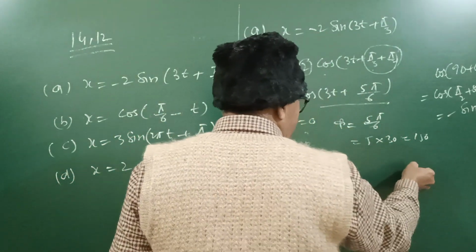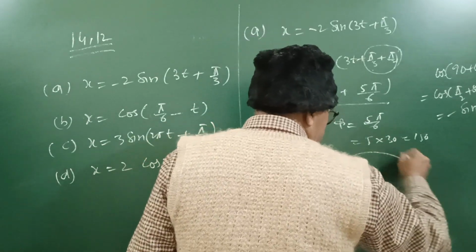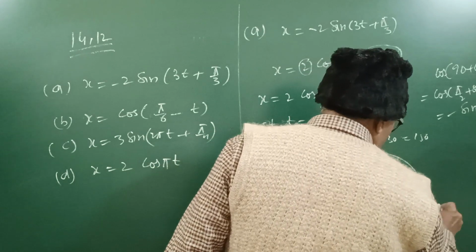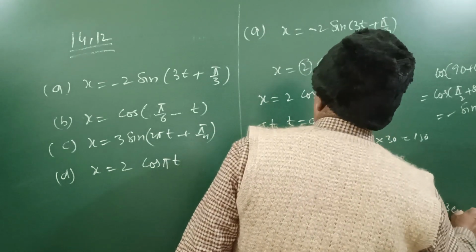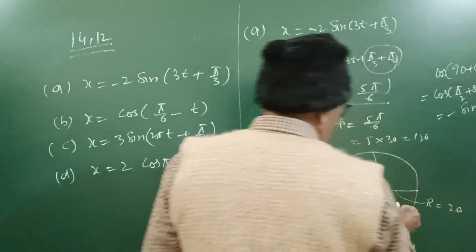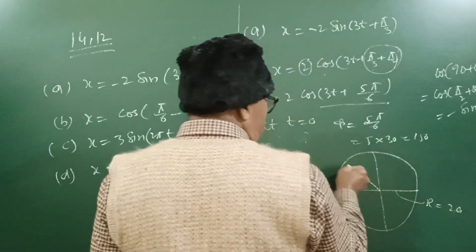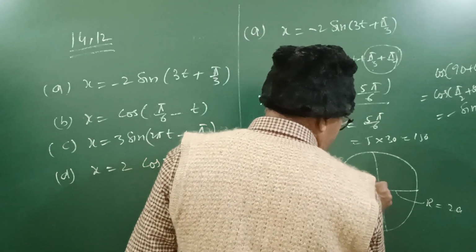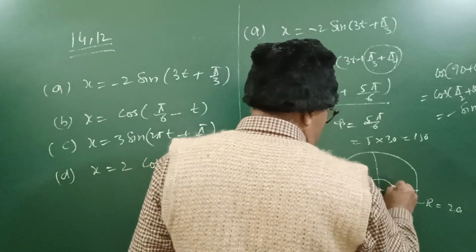So the radius of the circle will be equal to 2 centimeter, and the initial phase at t equal to 0 is here, a 150 degree angle in total.